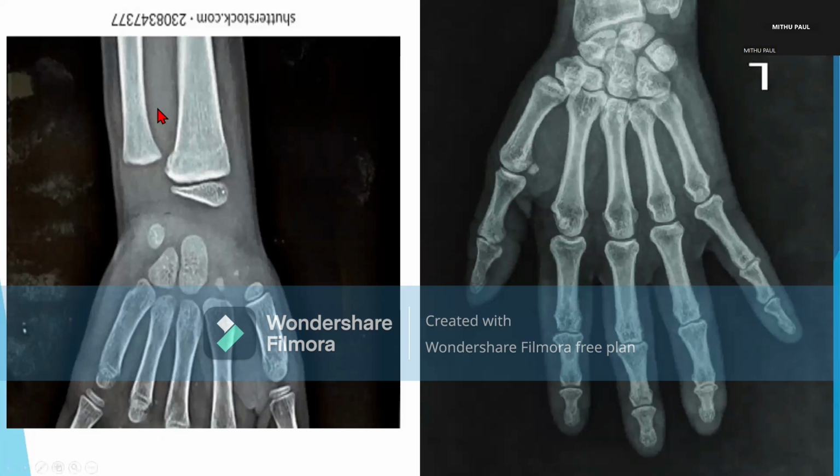See, this is a normal configuration of the wrist region in a child, where this is the lower end of the radius with the epiphysis appeared. These are the developing carpal bones, and you can see the number. There is a technique by which the number of ossification centers appearing in the region of the carpus is counted.